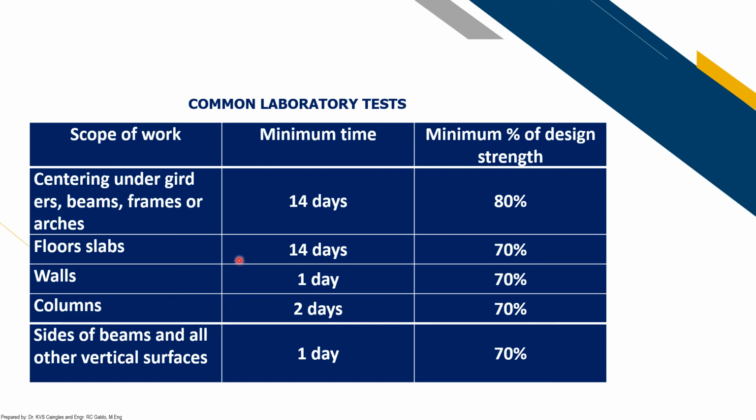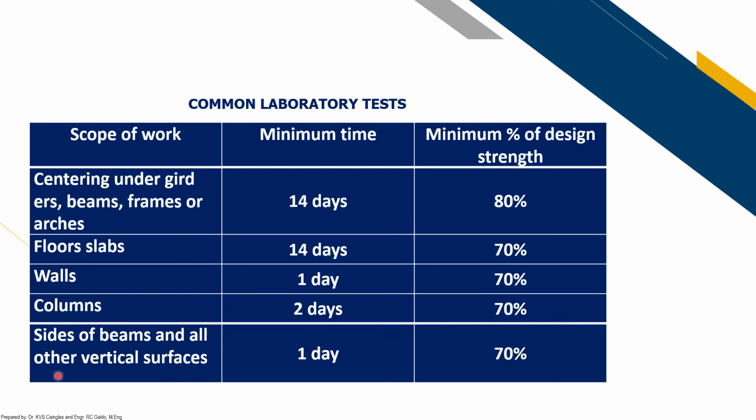Okay, for walls, you can remove the formworks after 1 day, or 24 hours, given that it has obtained 70% of its minimum design strength. Okay? For columns, you can remove your formworks after 2 days, but you have to make sure that through your concrete cylinder sample, it has obtained 70% of its design strength.